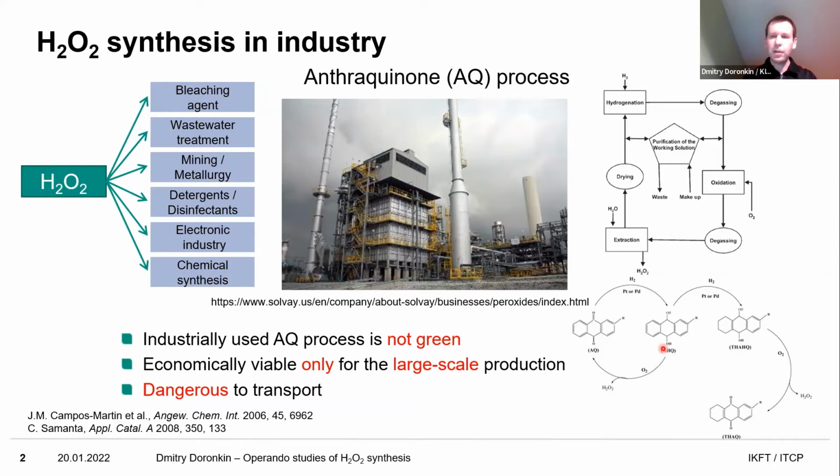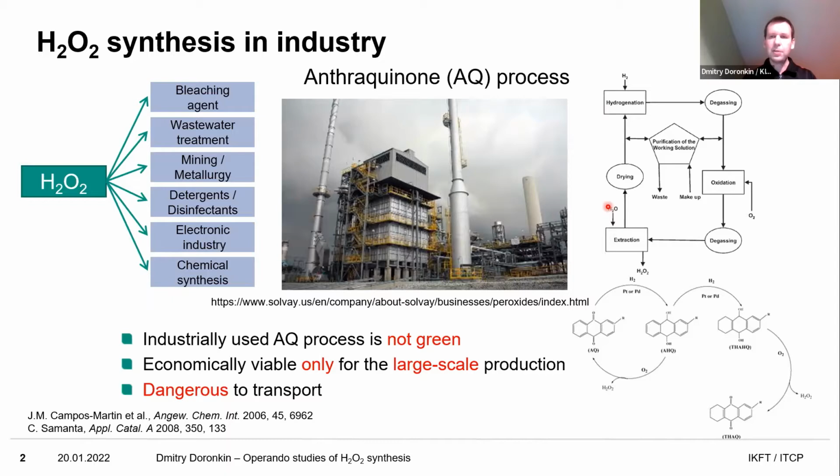And another problem, maybe a bigger problem for all of us, is that this process is economically viable only at a large scale. So there are only a certain number, not so many, of plants across the globe which produce hydrogen peroxide when it's concentrated and transported to the end user.